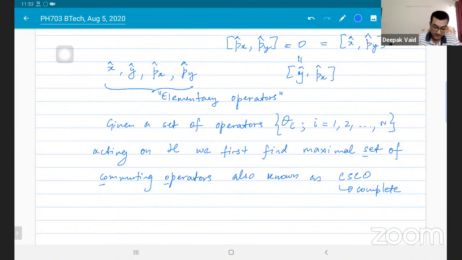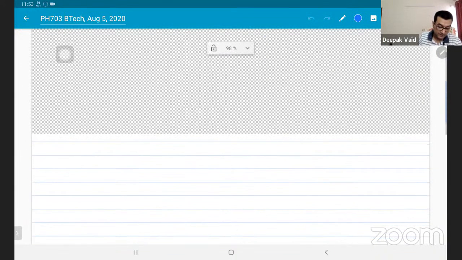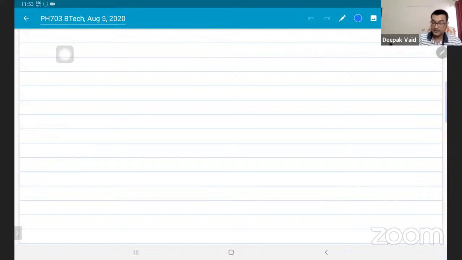What do we mean by maximal set? It is some subset of those operators. Let's call those operators with a prime, O_j prime, and j goes from 1 to m, where m is less than or equal to n.